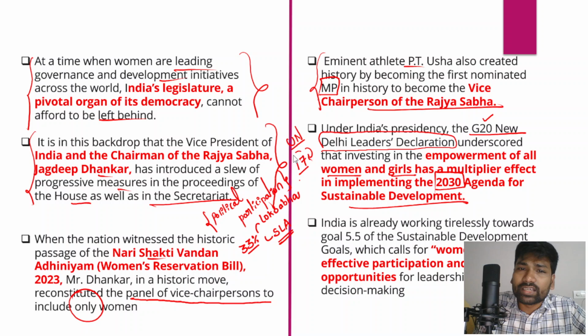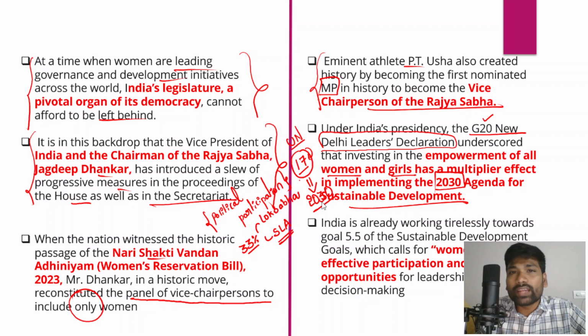The UN has aimed to achieve these Sustainable Development Goals by 2030. But the New Delhi Declaration has underscored that investing in the empowerment of women and girls will help in achieving success in the 2030 Agenda for the Sustainable Development Goals.